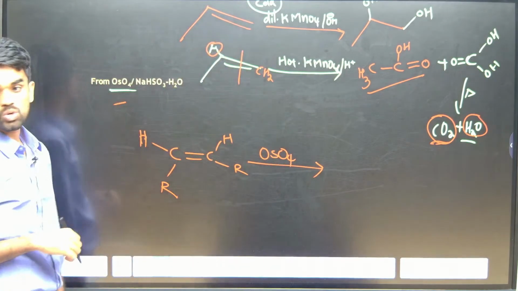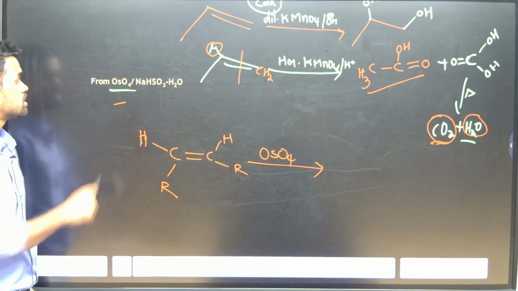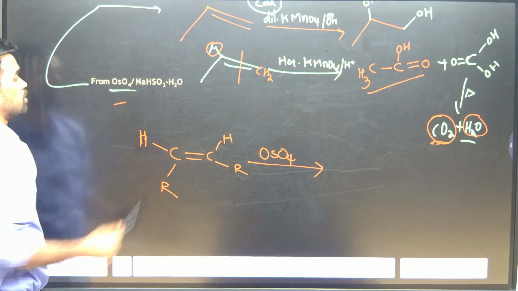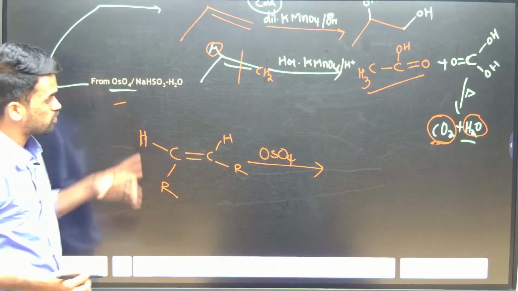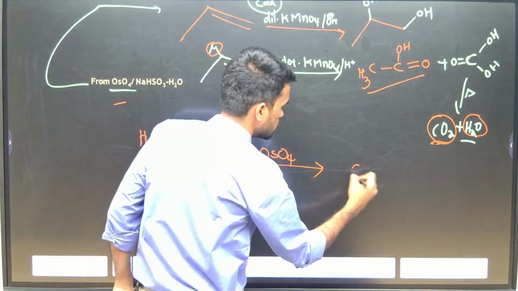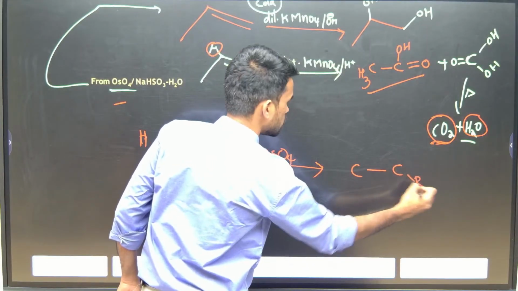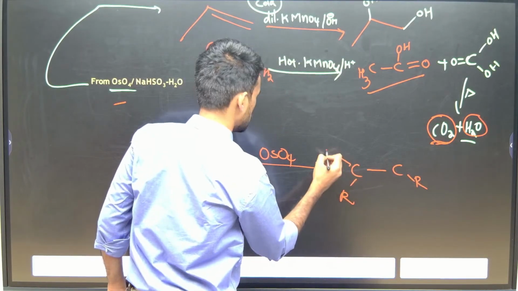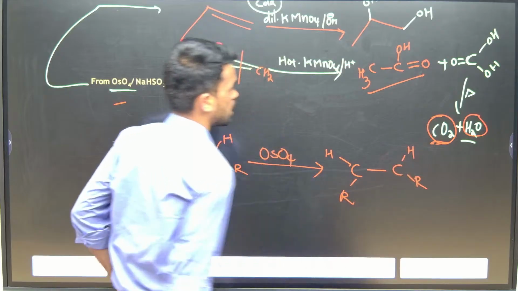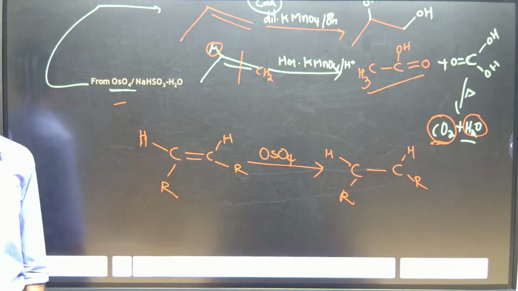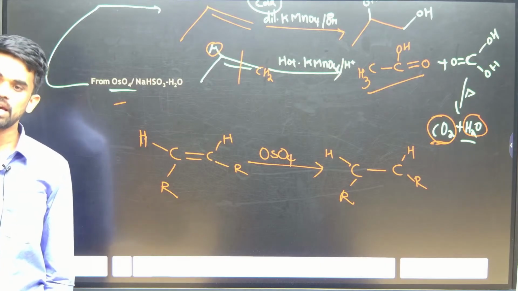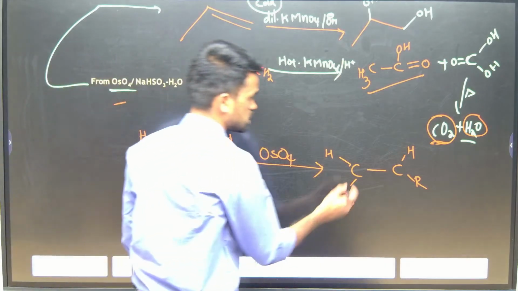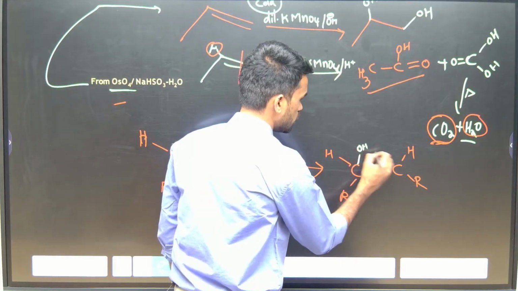Above case means cold KMnO4 we have seen now. Same as cold KMnO4, remember, product formed. What is the product formed in the cold KMnO4 case? 1,2 cis diol. Yes, here also 1,2 cis diol, like OH group here, OH group here.